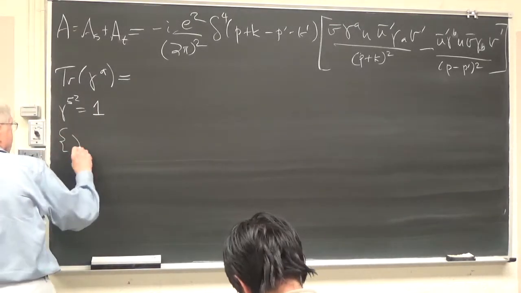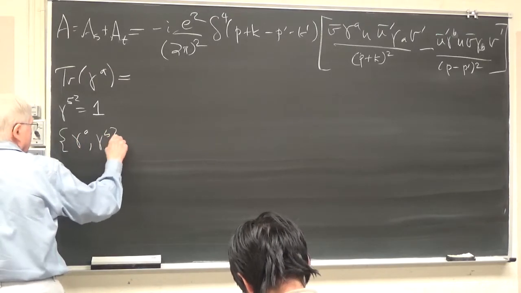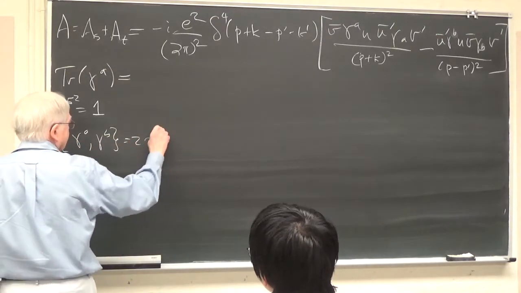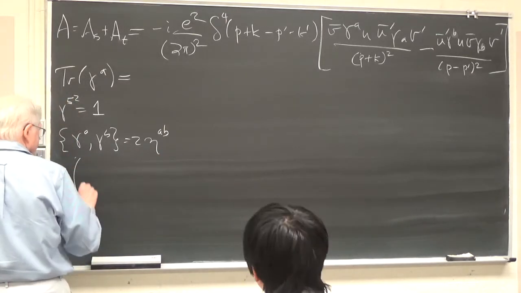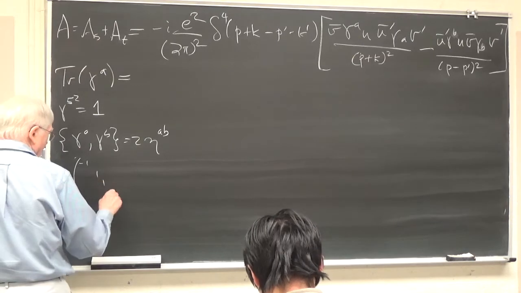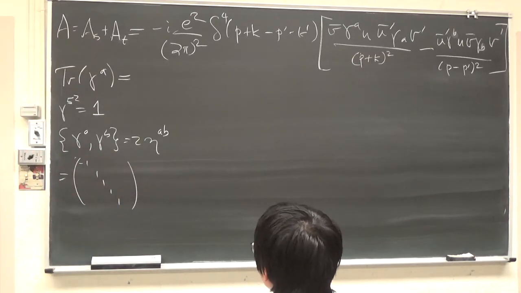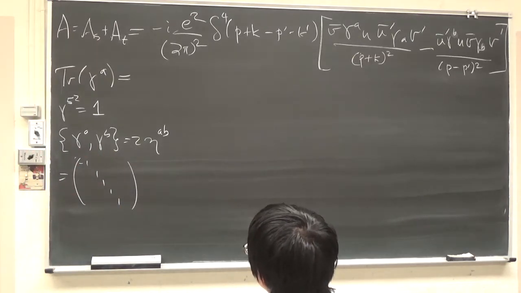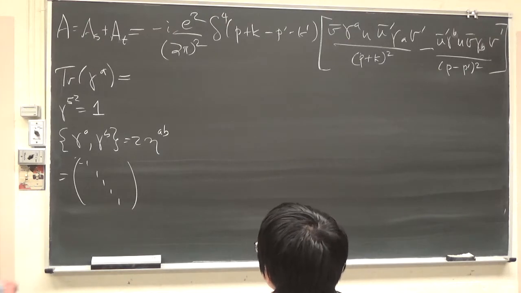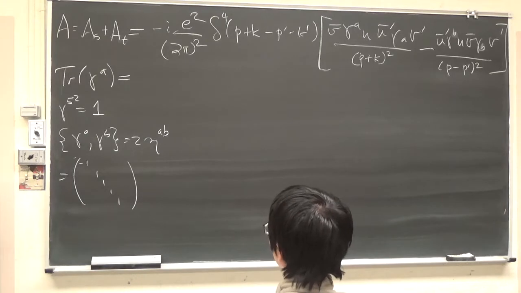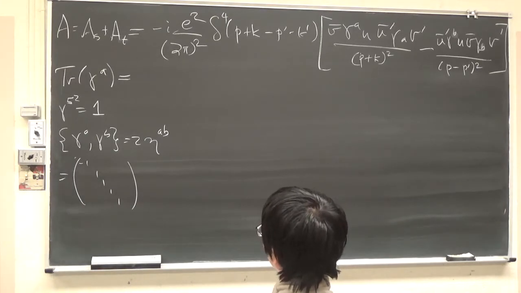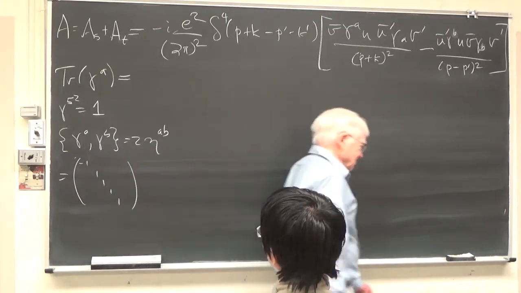So what we can say is that {γ^A, γ^B} is 2η^AB, where this is the metric for 5 dimensions. In other words, this is equal to diag(minus 1, 1, 1, 1, 1). So those are the relations for the five gamma matrices for 5-dimensional space: γ⁰, γ¹, γ², γ³, γ⁴, but we call γ⁴ γ⁵ for historical reasons. Here we're pretending to be astronomers.